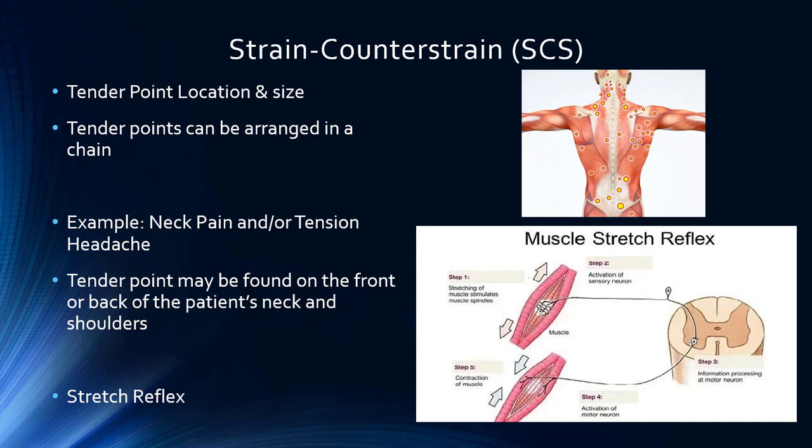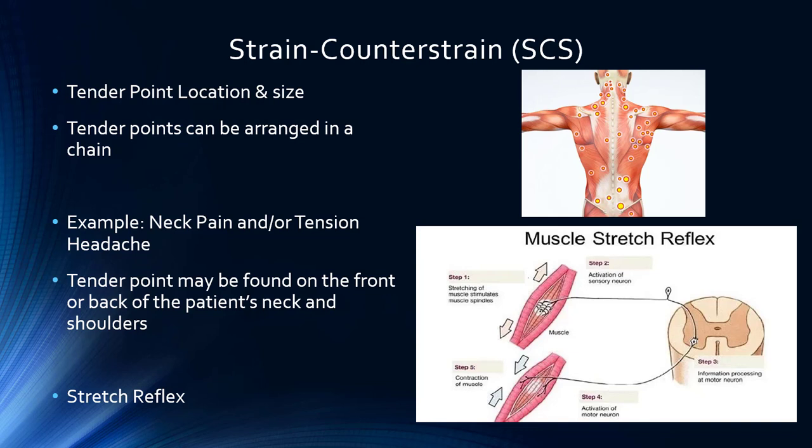The athletic trainer will have the patient lie on the patient's back and will gently and slowly bend the patient's neck until the tender point is no longer tender. After holding that position for approximately 90 seconds, the athletic trainer should gently and slowly return the neck to its resting position. When the tender point is pressed again, the patient should notice a significant decrease in the pain at the former tender point spot.